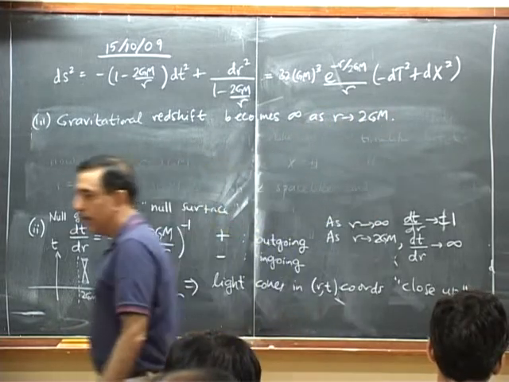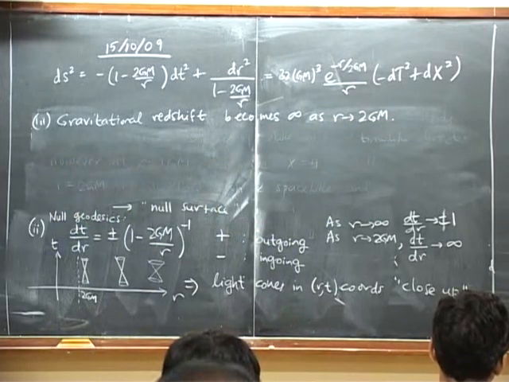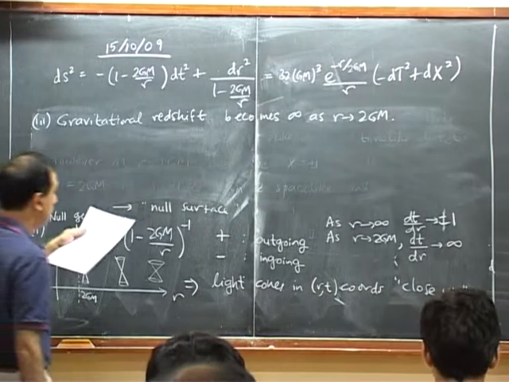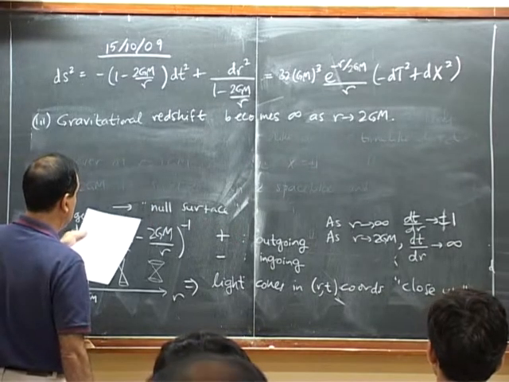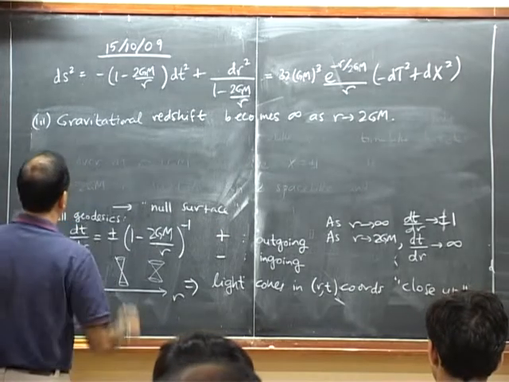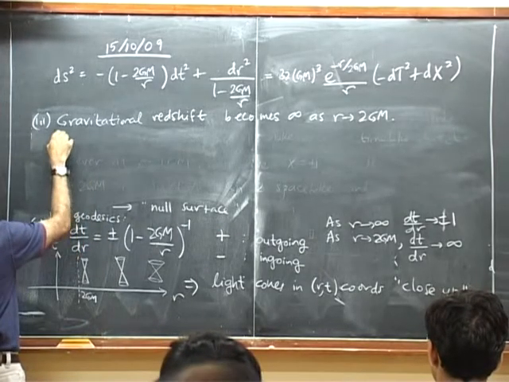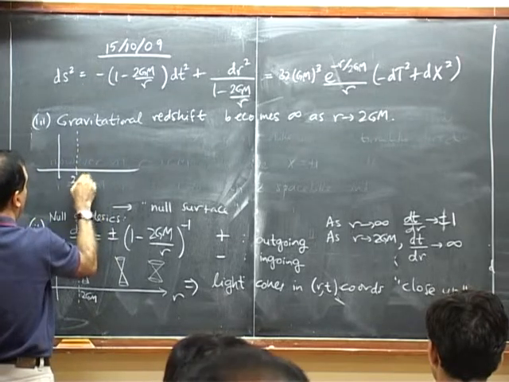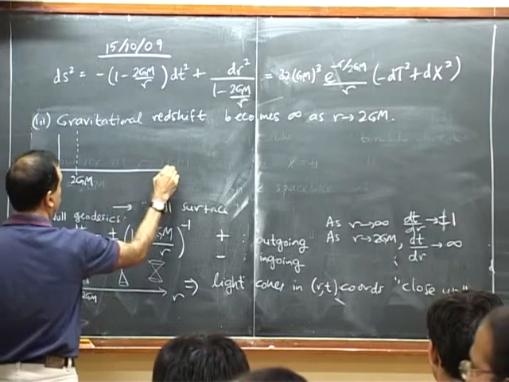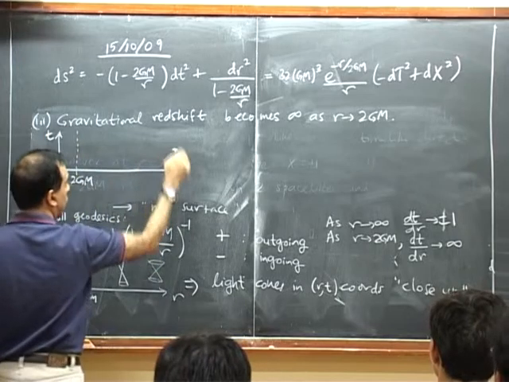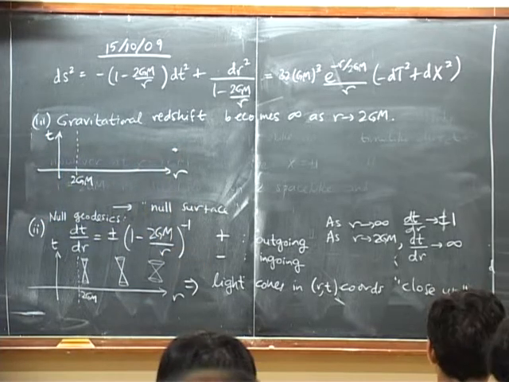So let's understand that. Luckily the formula for that is already known to us. So the only thing as usual is getting it with the right sign. Good. So now here we assume that we have two observers, one sitting very far away at rest.